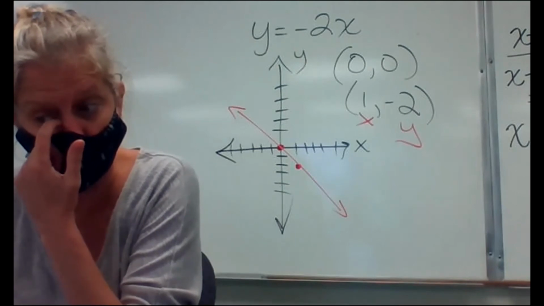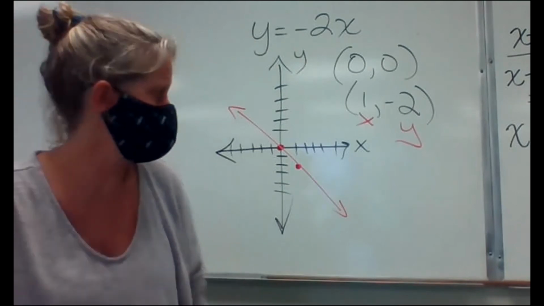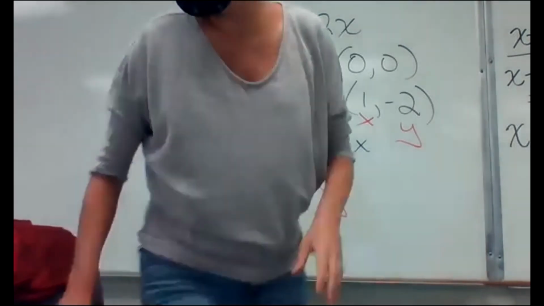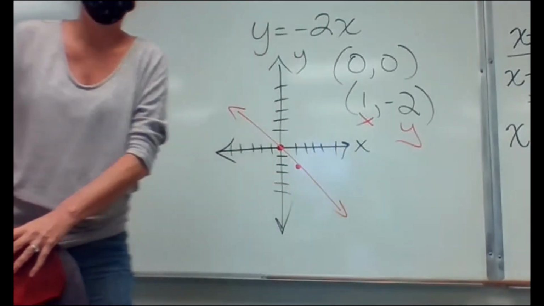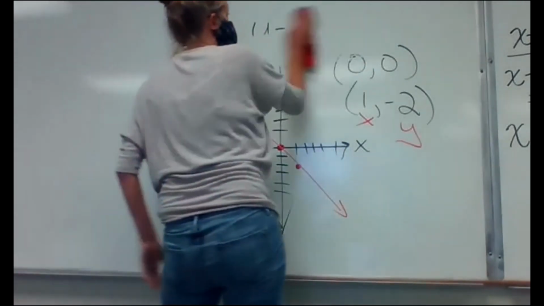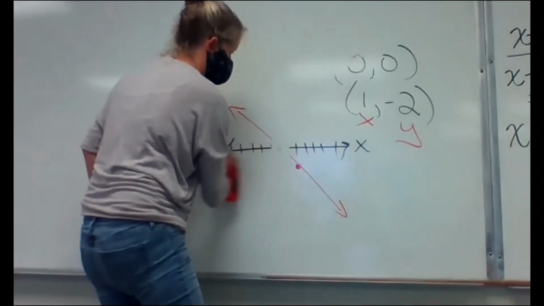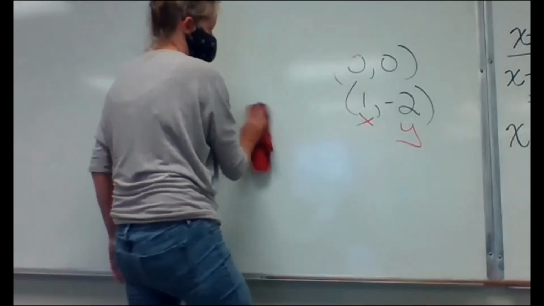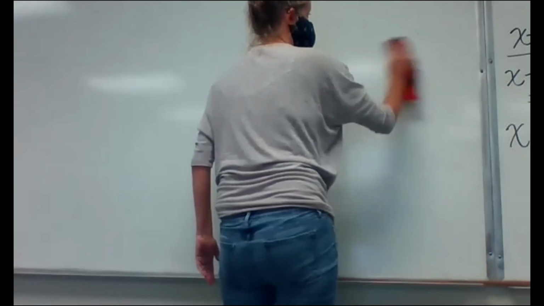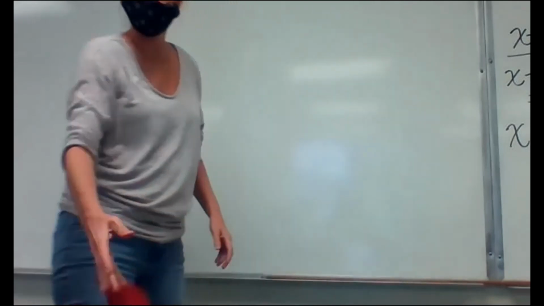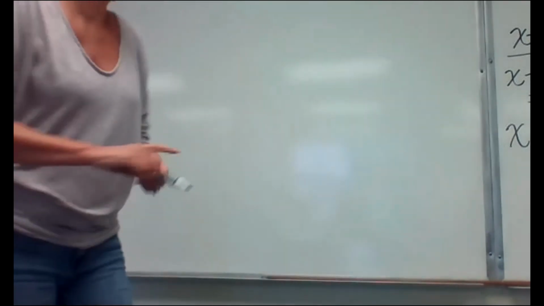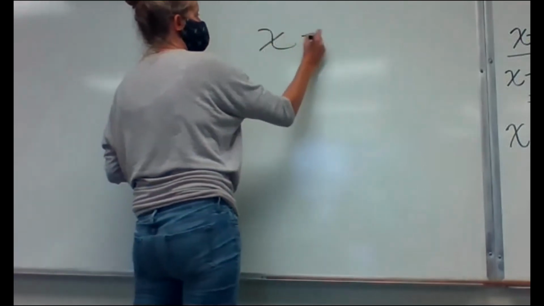Okay, let's look at number 2. Number 2 is kind of sneaky. I mean, number 6. Oh, we got number 2. Number 6. X equals 4. Well, this one's odd.